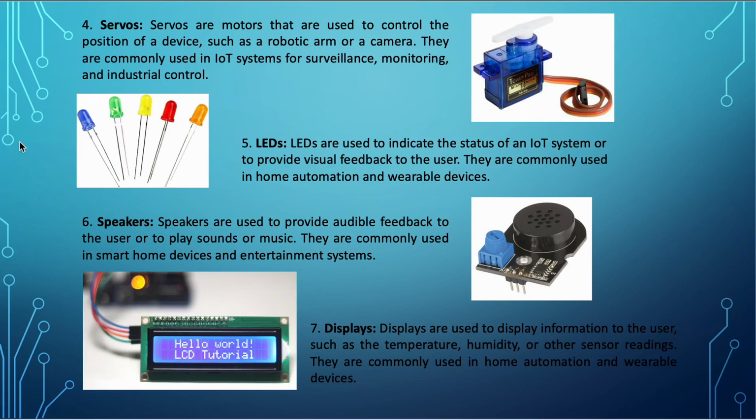Then we go to servos. Servos are motors that are used to control the position of a device, such as robotic arms or a camera. They are commonly used in IoT systems for surveillance, monitoring, and industrial control.